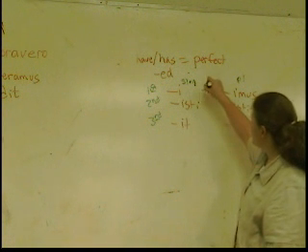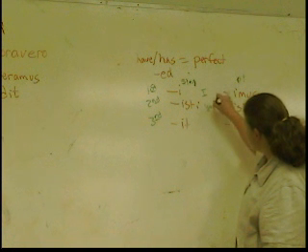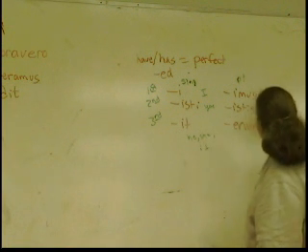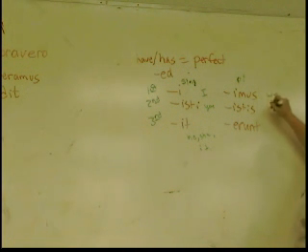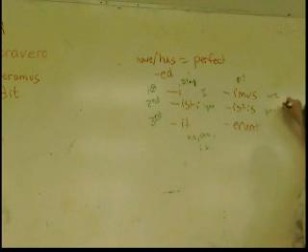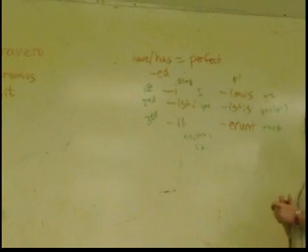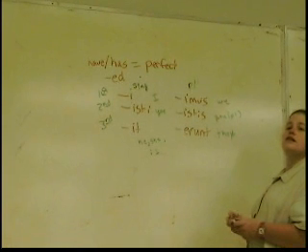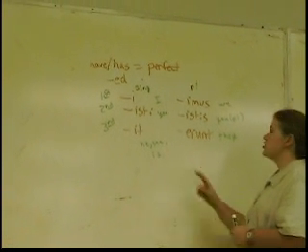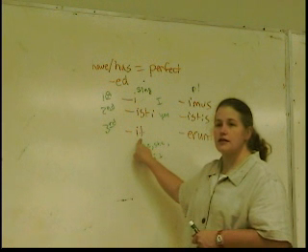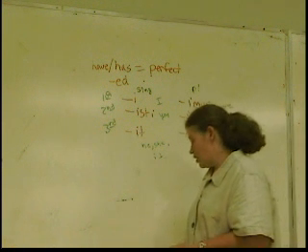First person is I, second person you, third person he, she, it. First person plural is we, second person plural is you plural, and third person plural is they. So yours was she has seen, Abby. So that's third person singular, which is the it.